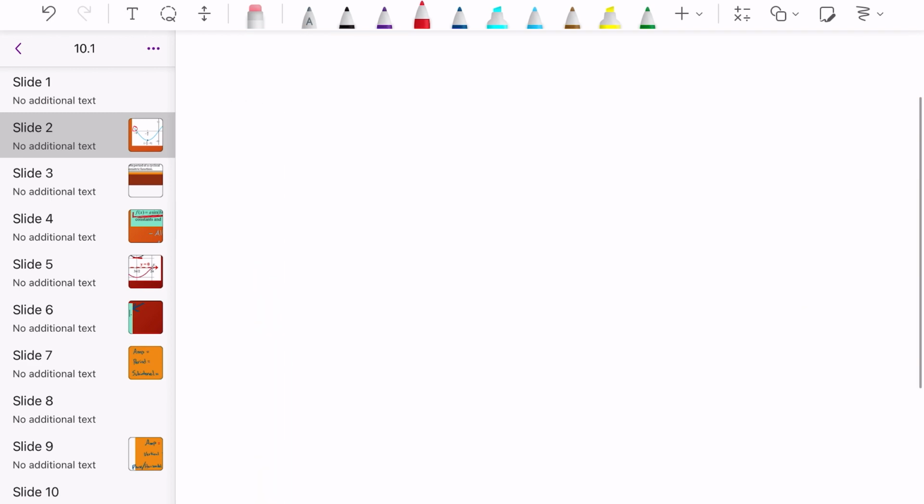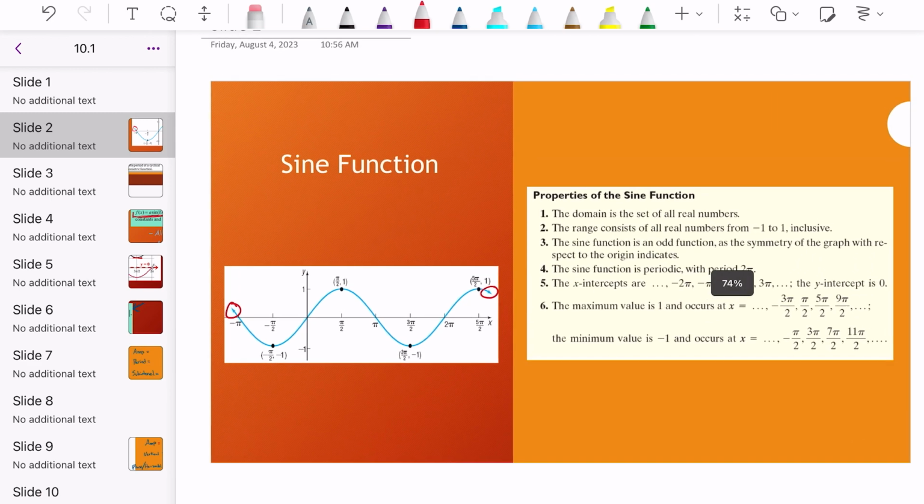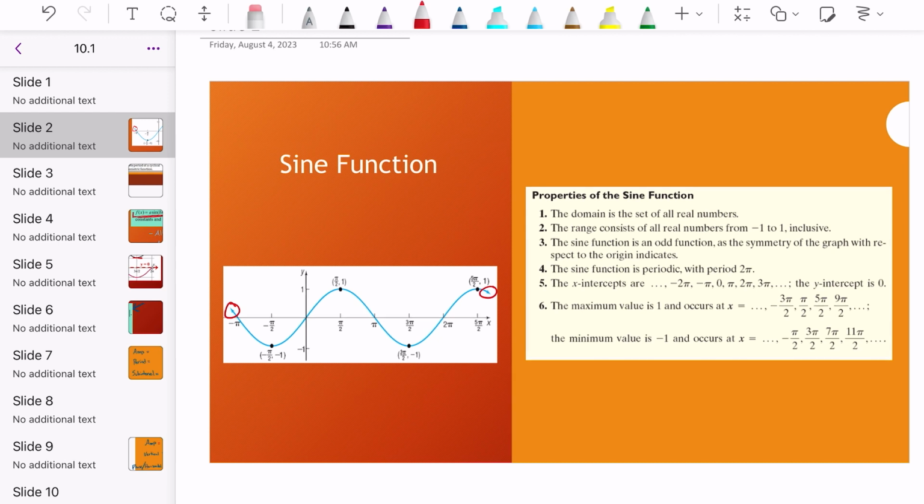So, as we take a look at our x-intercepts, this would be best described as ..., -2 pi, negative pi, 0, pi, 2 pi, 3 pi, ... The reason for the ... once again, is because it continues to occur till positive infinity, and it continues to occur to negative infinity.